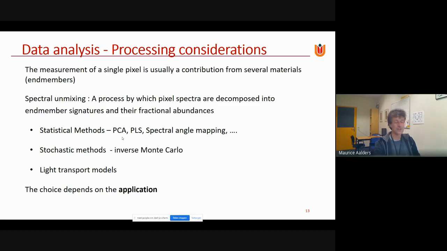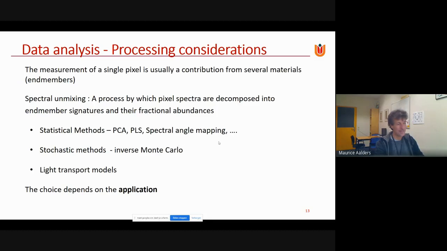You can, of course, do principal component analysis. And I think you all know what that is. You're looking at the elements in the spectrum which create the largest variance. That will be the first principal component. Then the second principal component has less influence on the differences between the spectra. And in this way, with principal component analysis, you can get a very good separation of the different components in a spectrum.